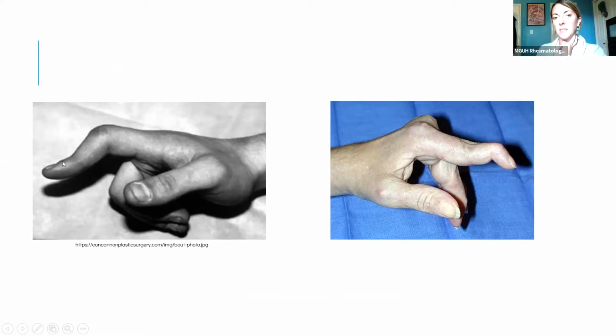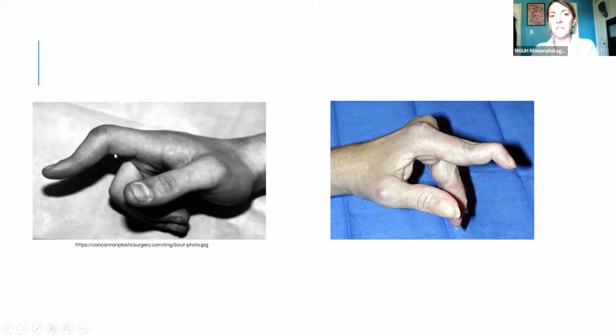When this first starts occurring, the tendon will slip back and forth and the deformity is reducible. You could take that person's finger and straighten it out. But you know that it's a tendon, it's under tension. If it stays like this for long enough, you'll get a contracture, and that's really functionally impairing, right?